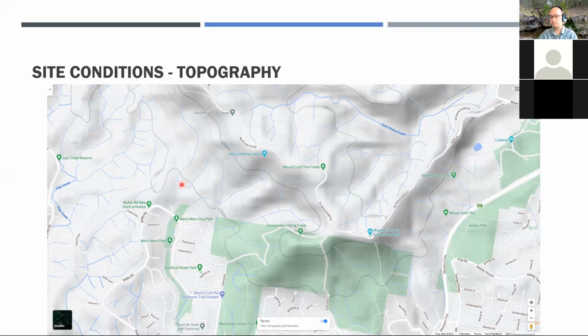The map that I'm showing you right now has an increment of 100 meters per classification. More on that later.